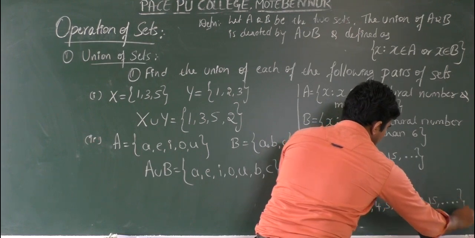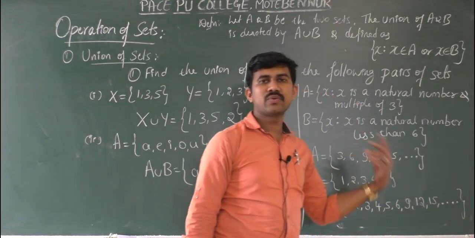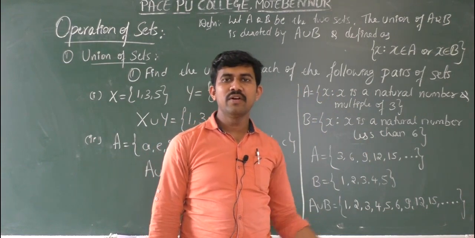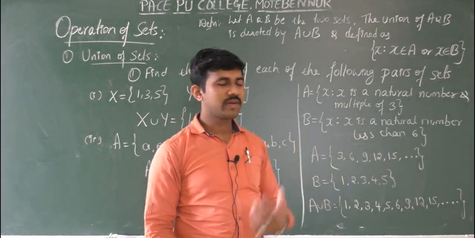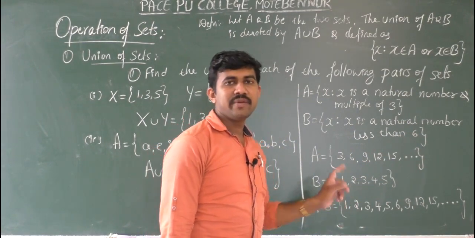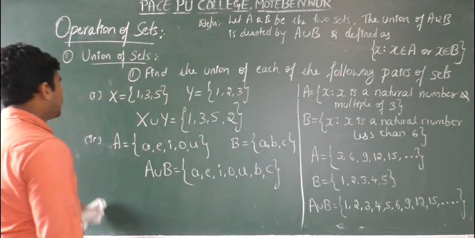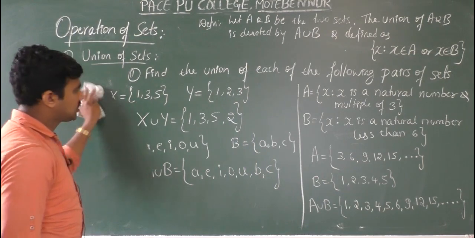It continues. Next number is 18, next is 21, next is 24, next is 27, like this. It is multiples of 3, continuous. Okay. So this is A union B. The next question, see, third one is over.